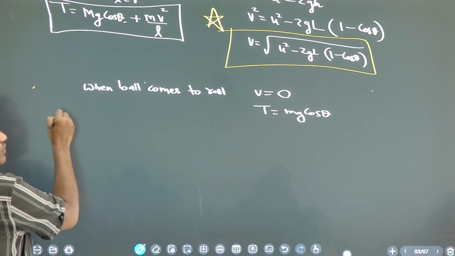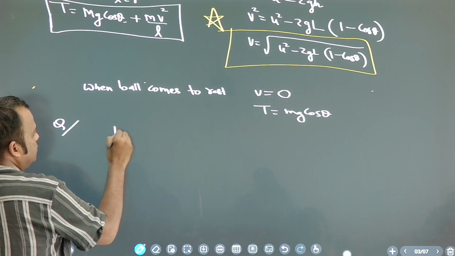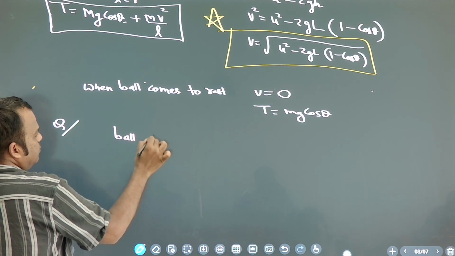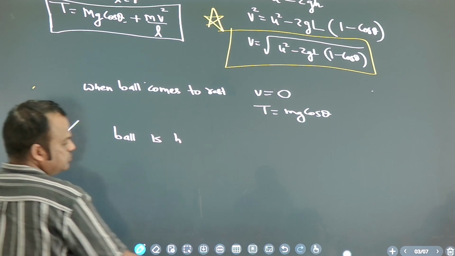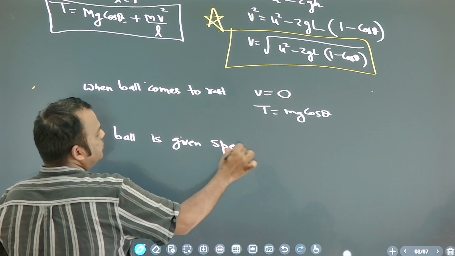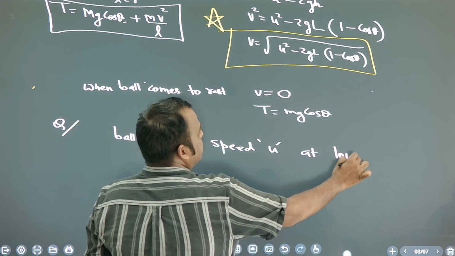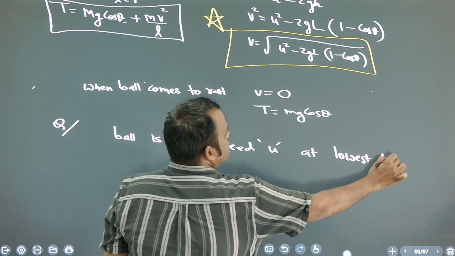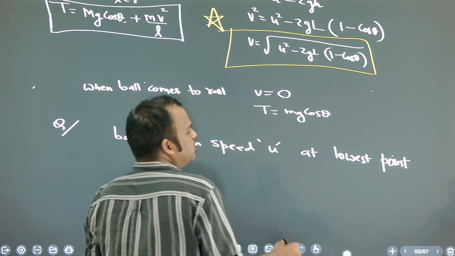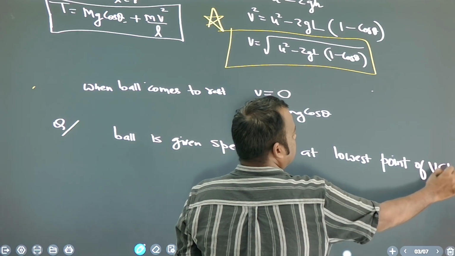Now I am giving one question. Note down. Ball is given speed u at the lowest point of vertical circular motion.